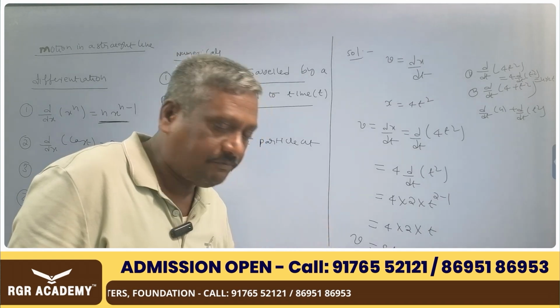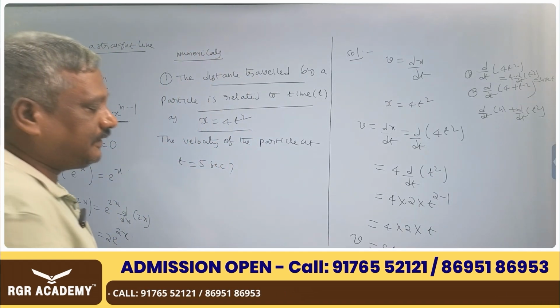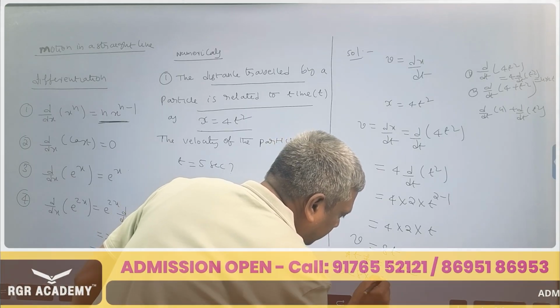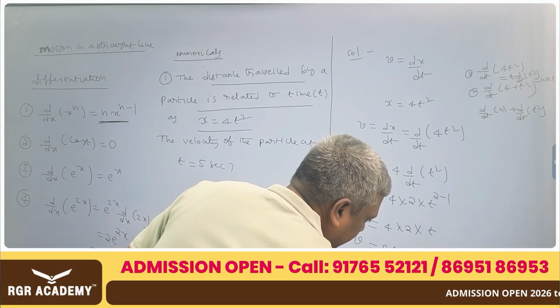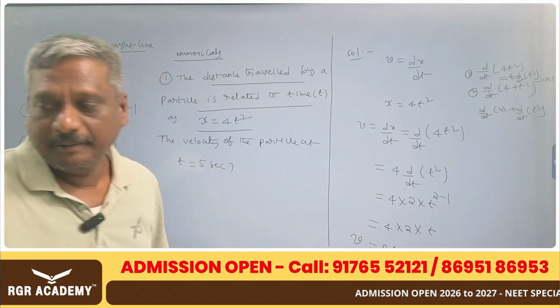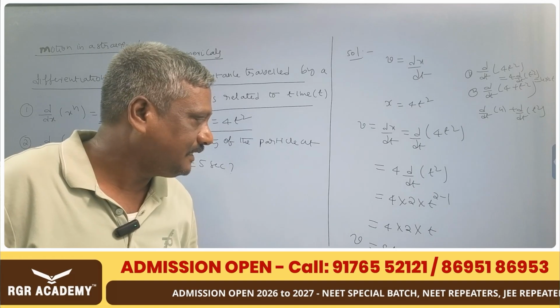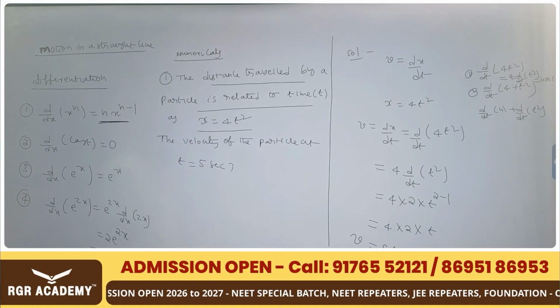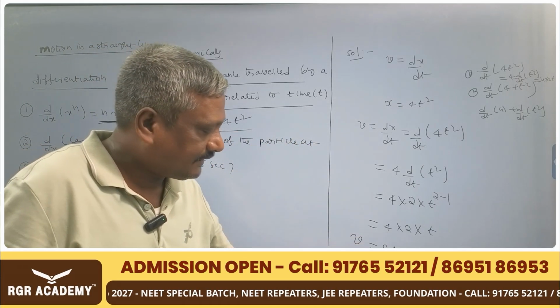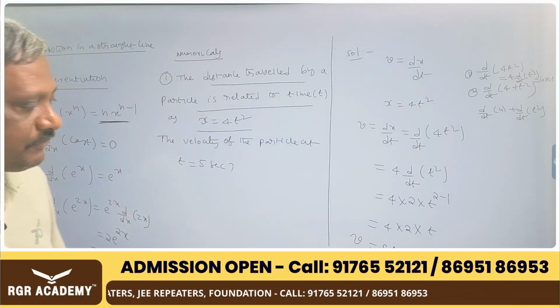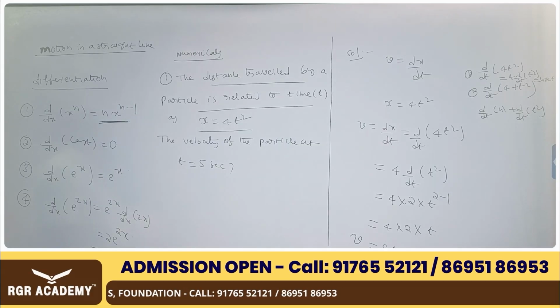Substitute t is equal to 5 here. Therefore, v is equal to 8 into 5, which is equal to 40 meter per second. The SI unit of velocity is meter per second. So finally you can write the velocity of the particle is 40 meter per second.